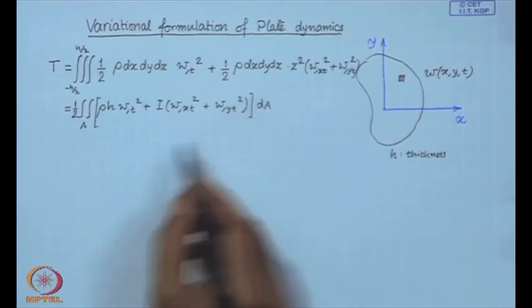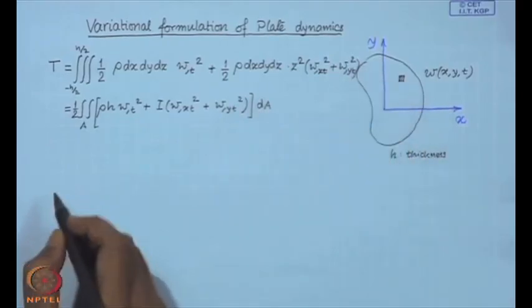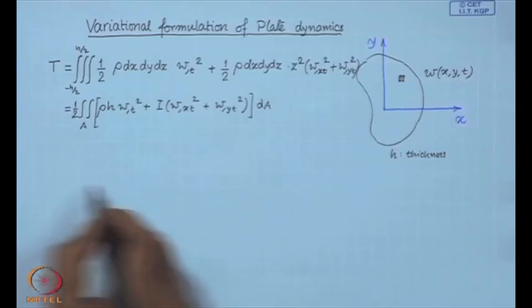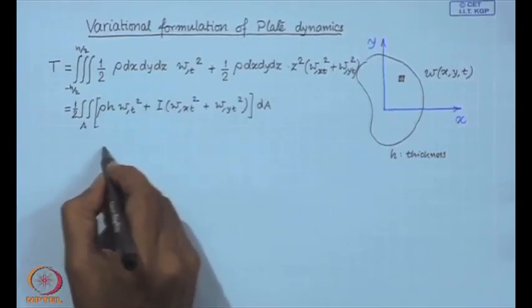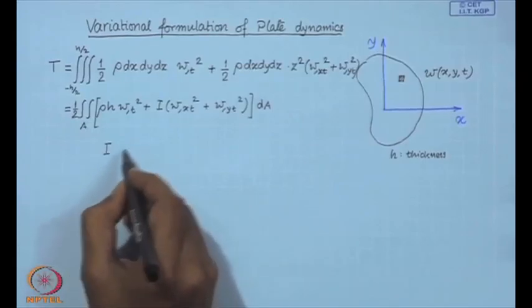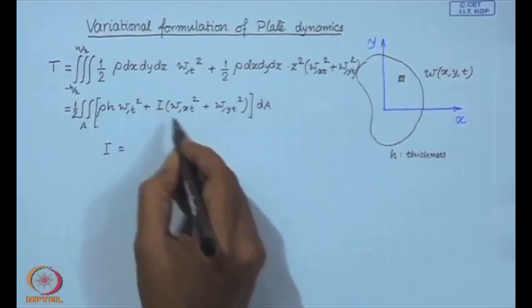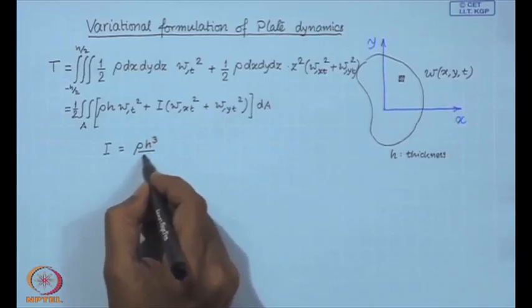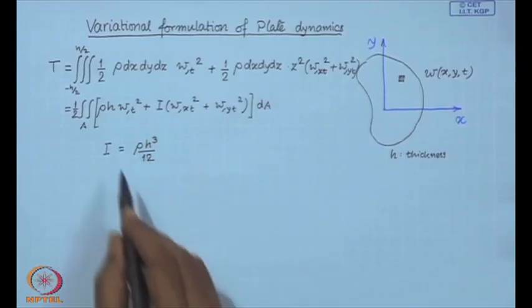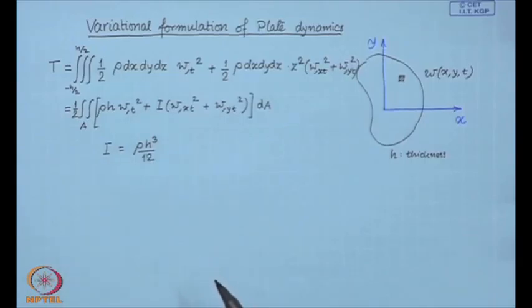It is an integral over the area of the plate. That is the kinetic energy. Here I is the moment of inertia per unit area of the plate.